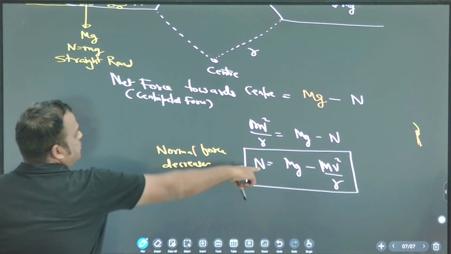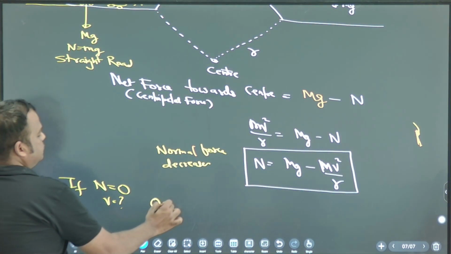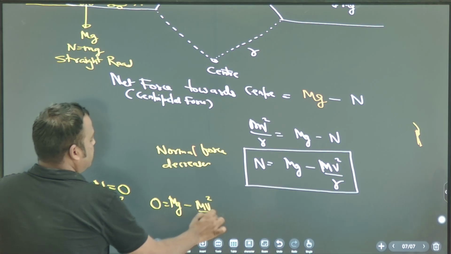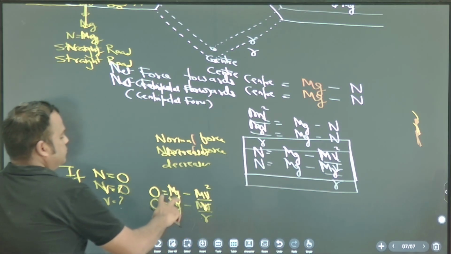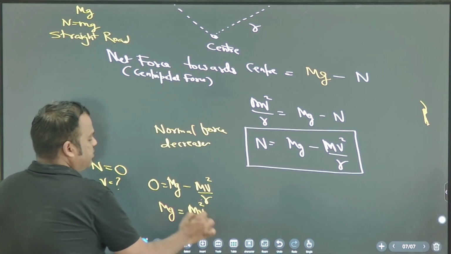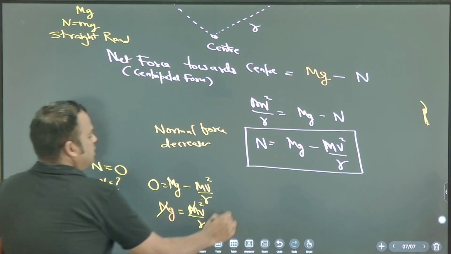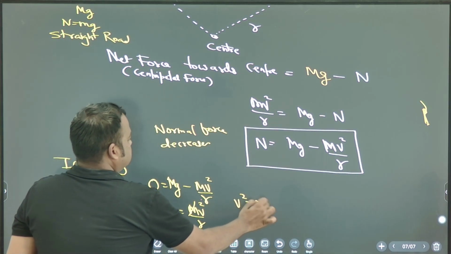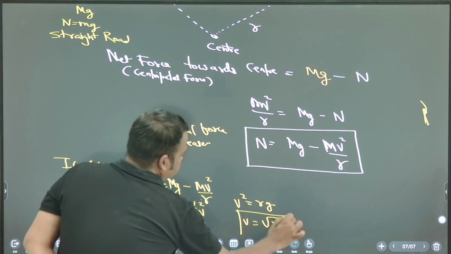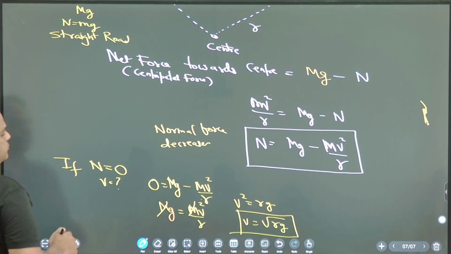Now substitute N equal to 0. So mg minus mv square by r is equal to 0. So mg is equal to mv square by r. Cancel. So what is v square? Rg. So what is v? Root Rg. Understood?